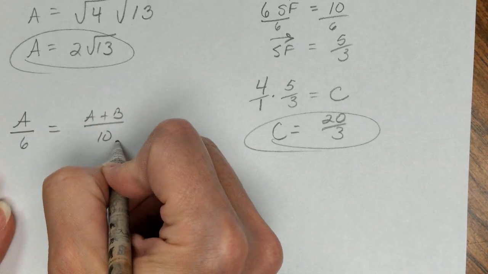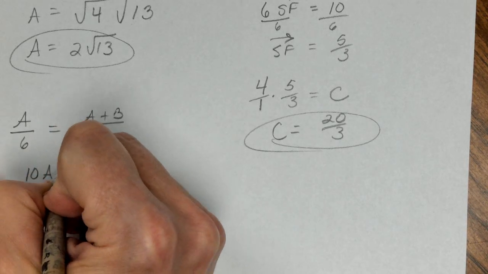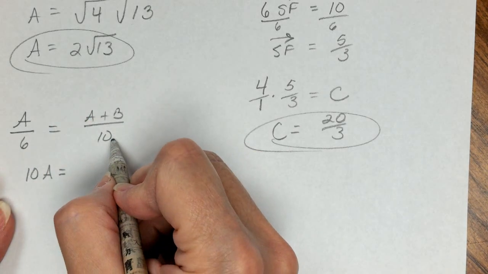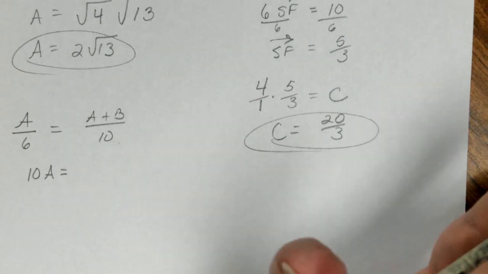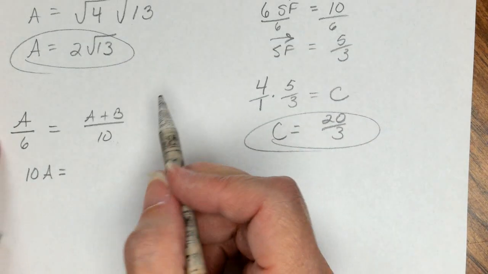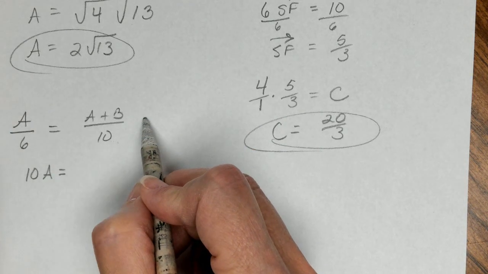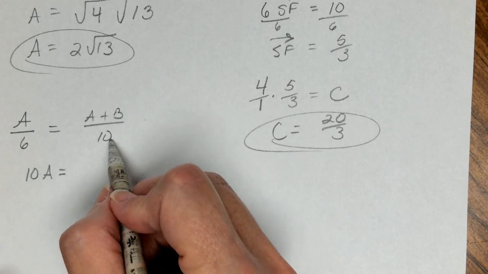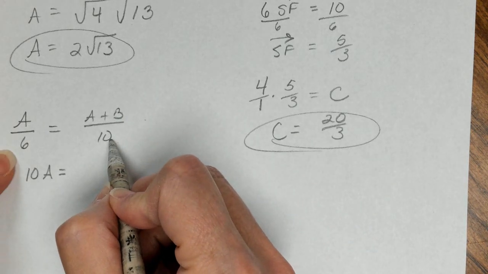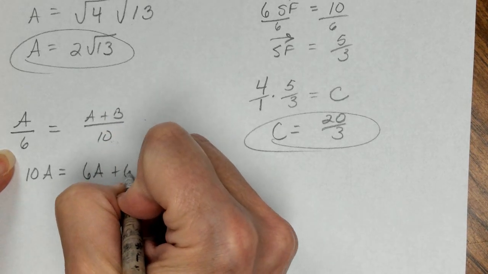So cross multiplying, I have 10 times A. Please keep in mind, cross multiplying is just a shortcut for multiplying twice. We multiply both sides by 6, and then we multiply both sides by 10. And we get this equation: 10 times A equals 6 times them. So 6A plus 6B.